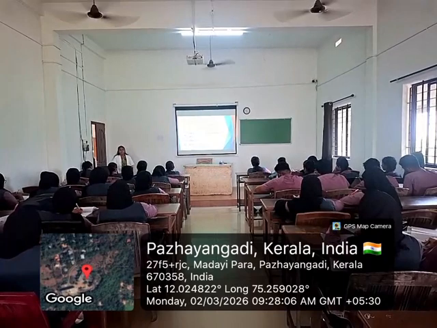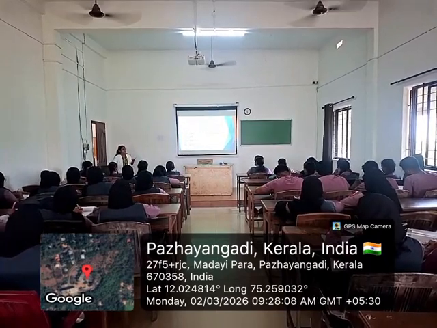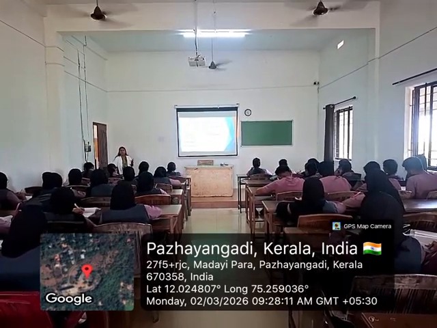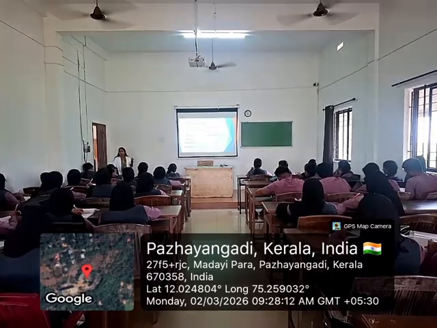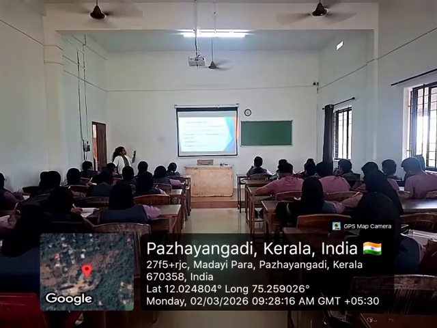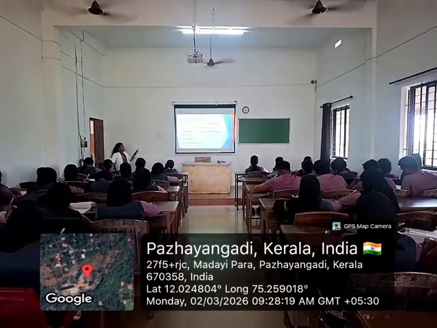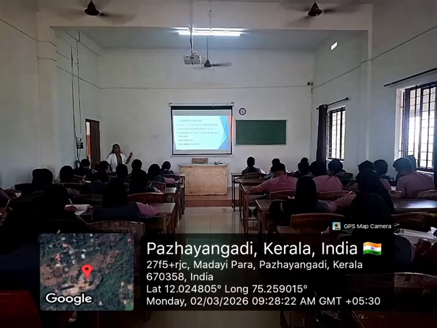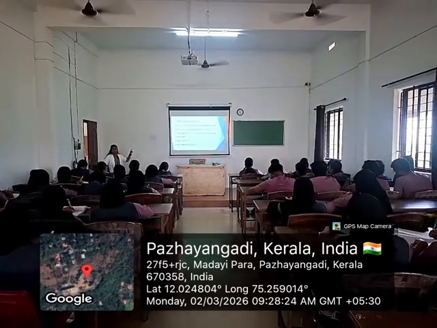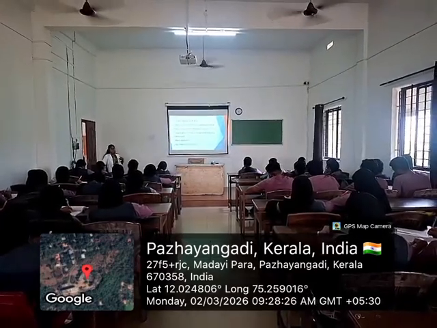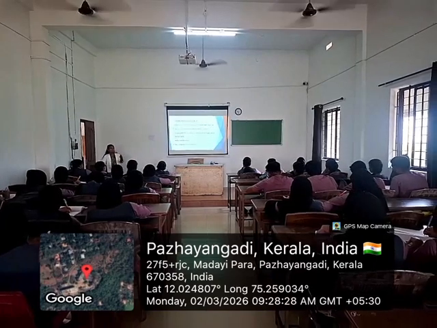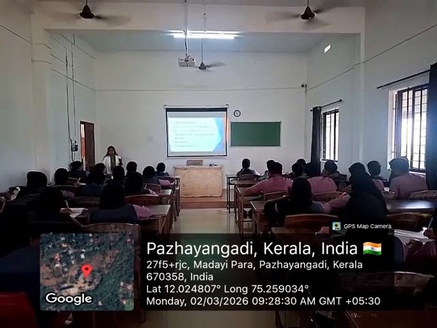Next is cultivation and collection. When we are discussing cultivation and collection, first we have to note down the conditions required for cultivation of ginger. The first condition is a humid climate, where the rainfall should be 80 centimeters annually, with heavy irrigation. The plant part used for cultivation is the bud.